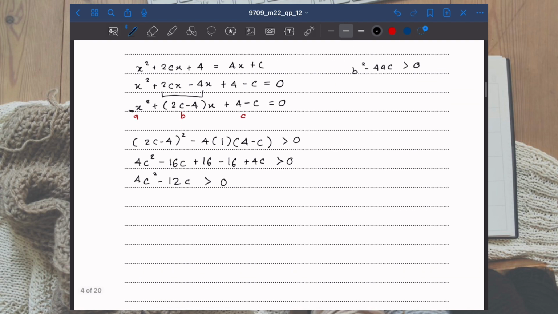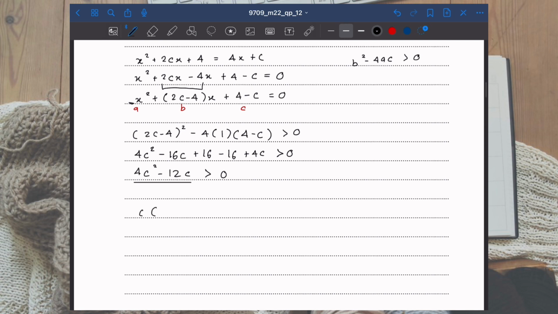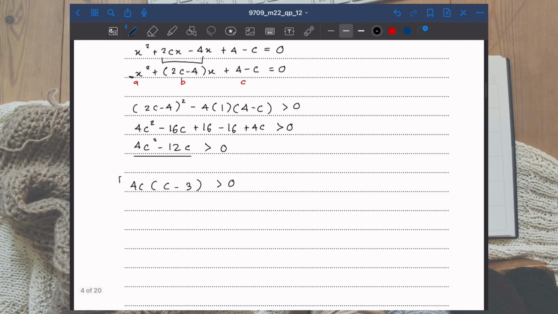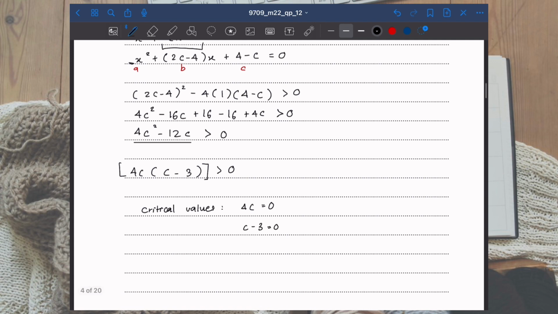So we'll then factorize this equation. So 4c and c minus 3 more than 0. First, you need to find your two critical values. So your critical values will be 4c equals 0 and c minus 3 equals 0.